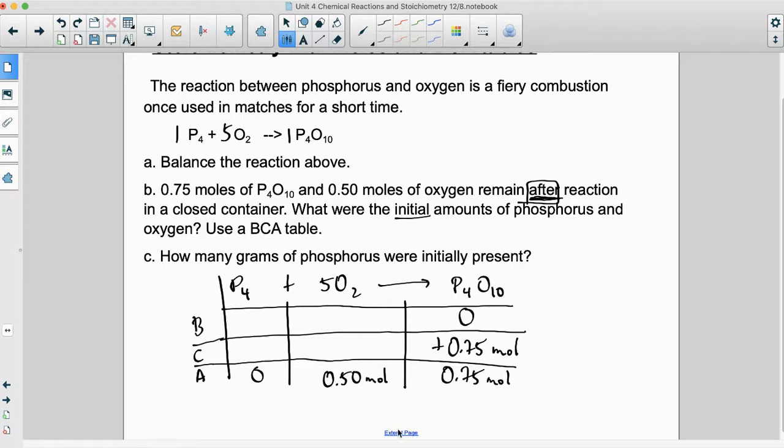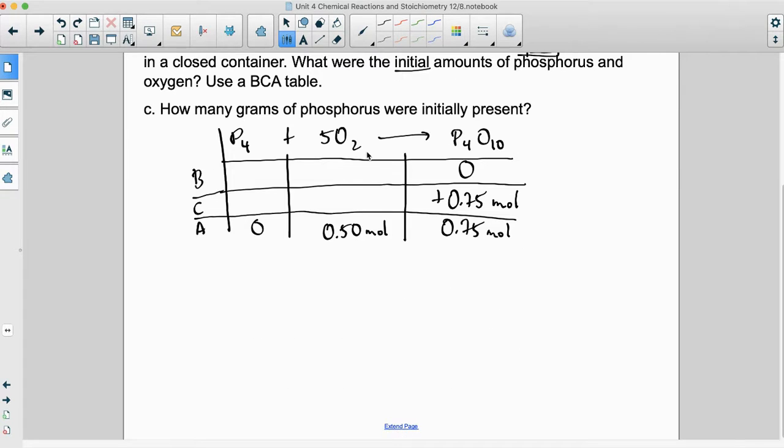So if we take a look here, how much oxygen was needed to produce this 0.75 moles of P4O10? We can write that out, 0.75 moles P4O10. And the ratio is 5 to 1, so 5 moles O2 over 1 mole P4O10.